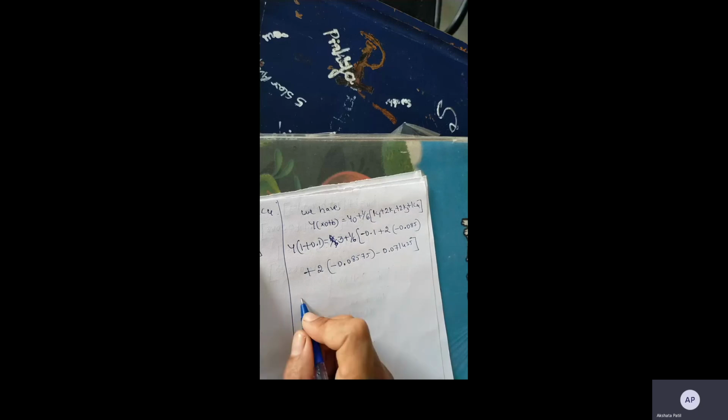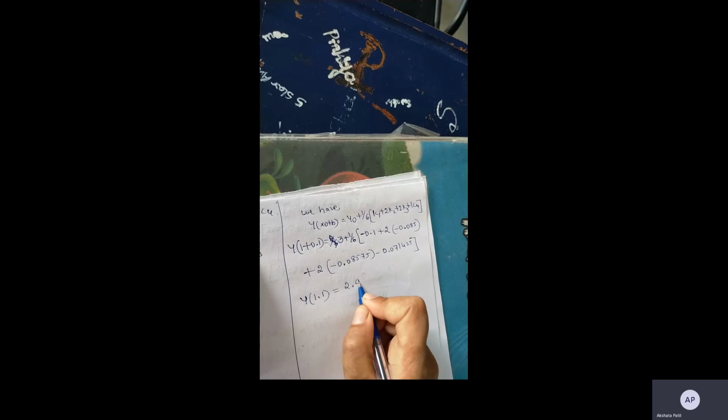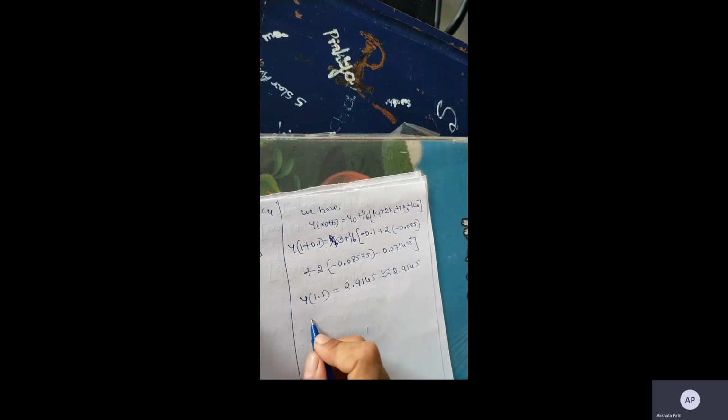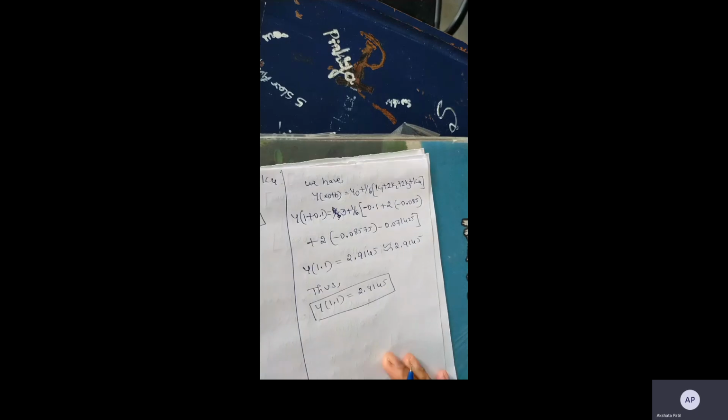Now simplify it, you will get y of 1.1 equals 2.9145, or approximately we can say 2.9145. Thus y of 1.1 equals 2.9145 is the required solution of the given differential equation by using the Runge-Kutta method.